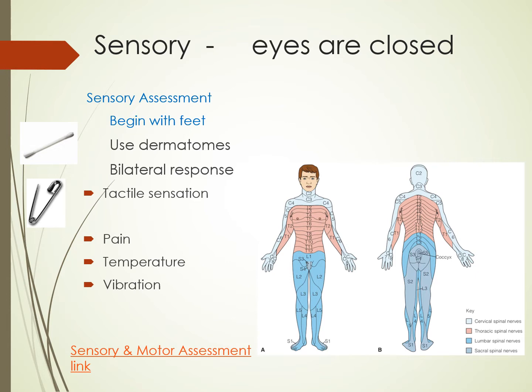And you can see the dermatome picture there on the right-hand side. You can see where the sacral is in the feet, lumbar, legs, thoracic more in the trunk, and then cervical in our fingers, hands, and goes up into the shoulders. Those dermatomes pretty much match the motor also. So sensory and motor have very similar dermatomes.